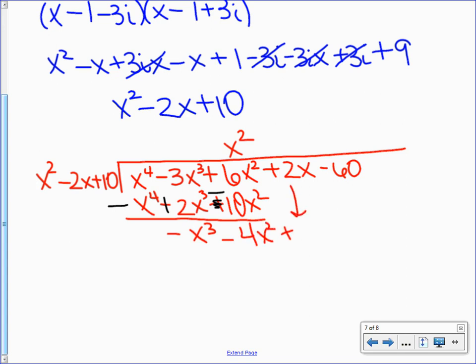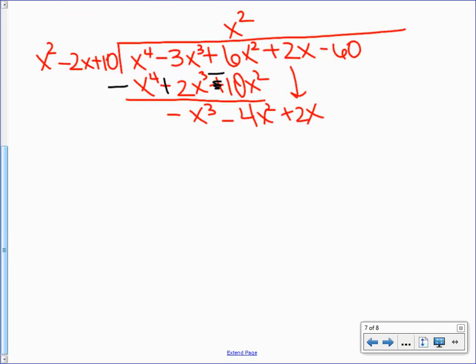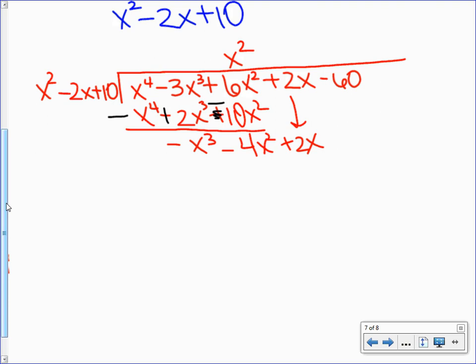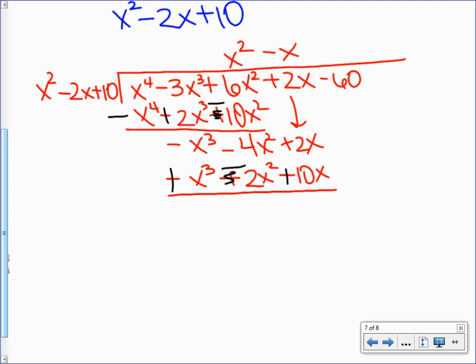And then plus 2x. Excellent. x squared times what is negative x cubed? Negative x. So we have negative x cubed plus 2x squared minus 10x. Right? We are subtracting. What are we left with?